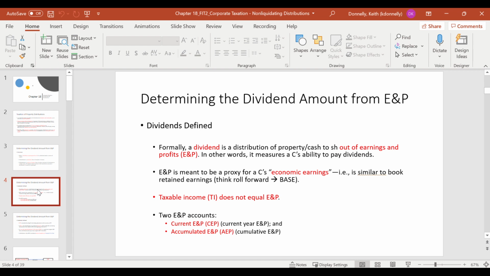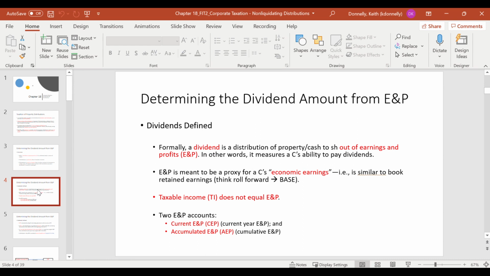So if you want to calculate E&P for purposes of determining whether a dividend was made, the entire event starts like this: you have your book income, you make your book to tax adjustments to arrive at your taxable income, and then you make a separate set of adjustments to go from taxable income to E&P.